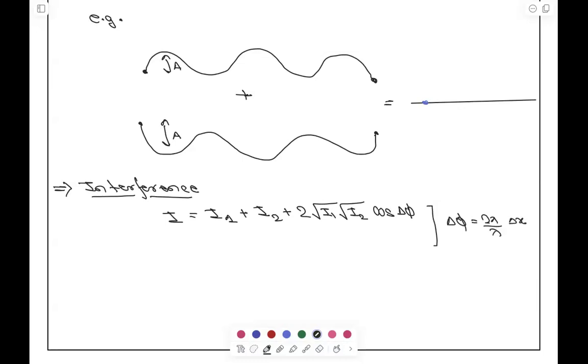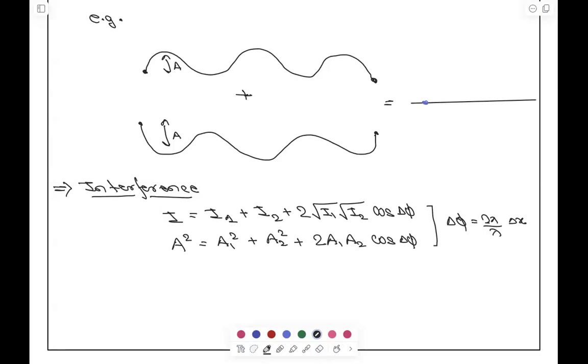This is what we understand from the wave equation. And intensity I is proportional to amplitude A squared. So A squared we write as a1 squared + a2 squared + 2 a1 a2 cos phi.